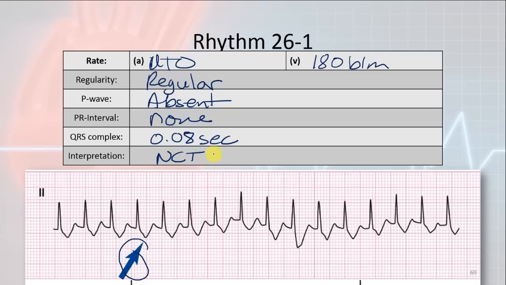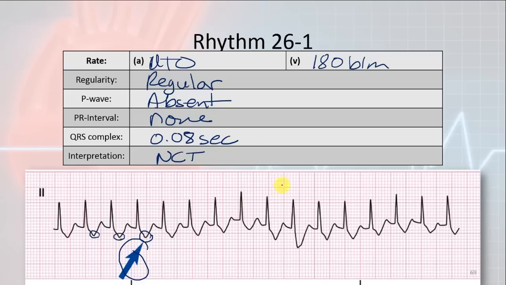Let's go with what the book says and say that that is a retrograde P wave under there. If this is a retrograde P wave right here, then it looks like that P wave is displaced away from the QRS complex.